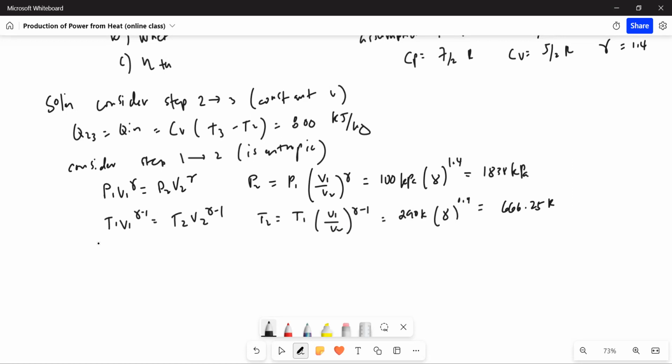So for T3, CV is 5 halves R, 8.314 joules per mole Kelvin, times T3 minus T2, 666.25 Kelvin, is equal to 800 kilojoules per kilogram.